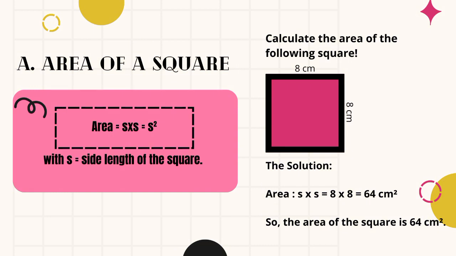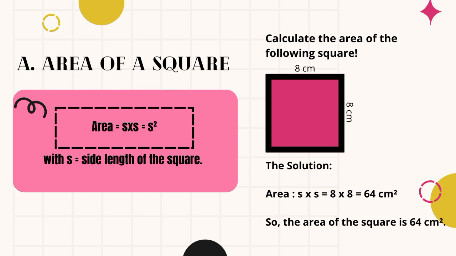The formula for the area of a square is area equals side times side equals side squared, with S the side length of the square. For example, calculate the area of the following square in the picture.